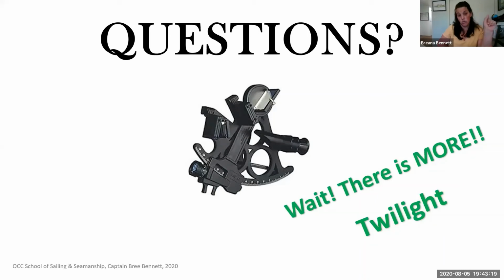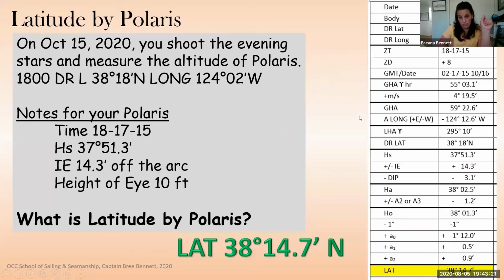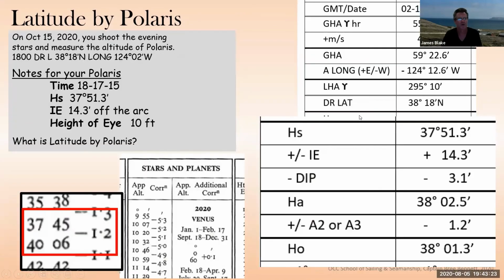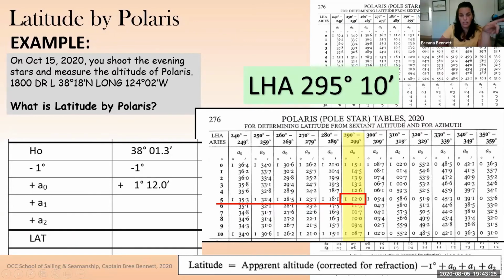I'm going to say no. If you look at it, right below HO, it's apparent altitude minus 1 degree. And how I was saying that LHA, this first table, LHA of Aries, kind of corrects for where the North Pole is in relationship to the celestial North Pole.